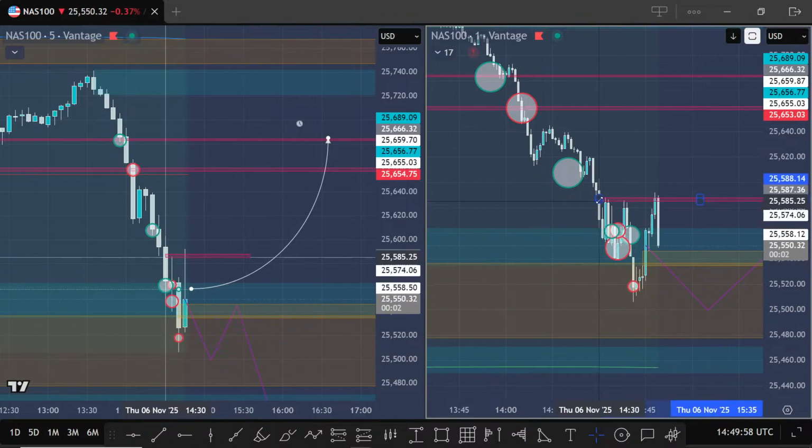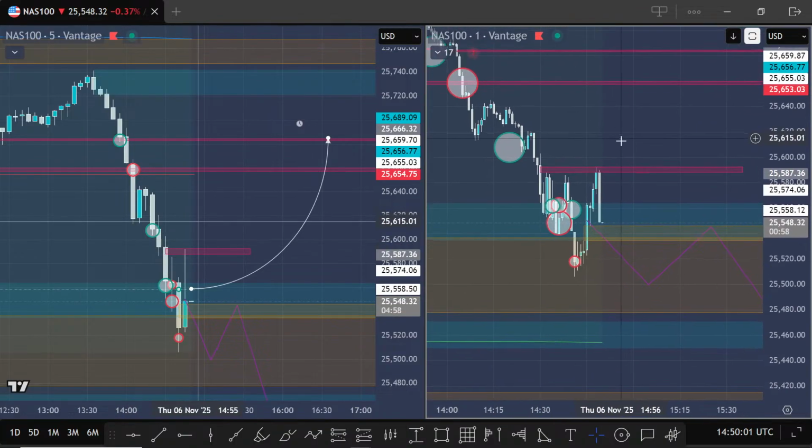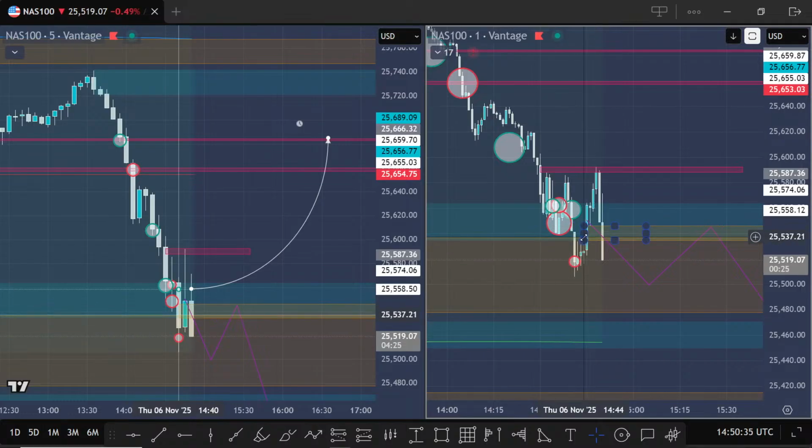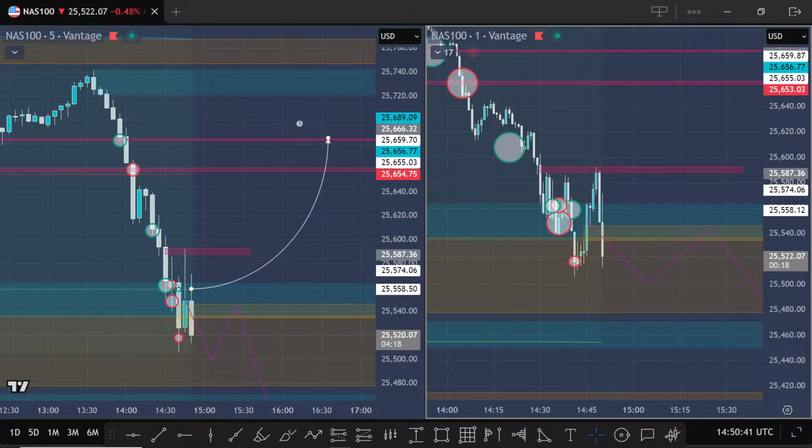So now the qualifying decision level will be here. And that is sellers in control.